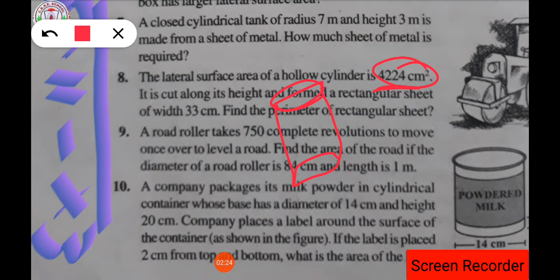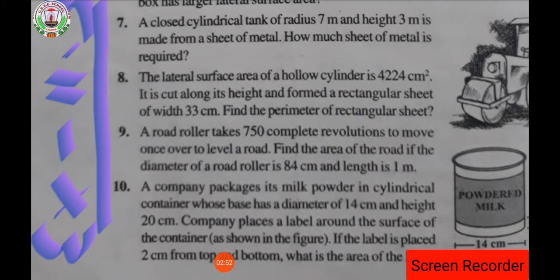Here it is said that the cylinder is going to be cut along its height, like this. When this cylinder is cut along its height, it will be in the shape of a rectangle. So the lateral surface area of the cylinder will be equal to the area of the rectangle. Why am I explaining this?